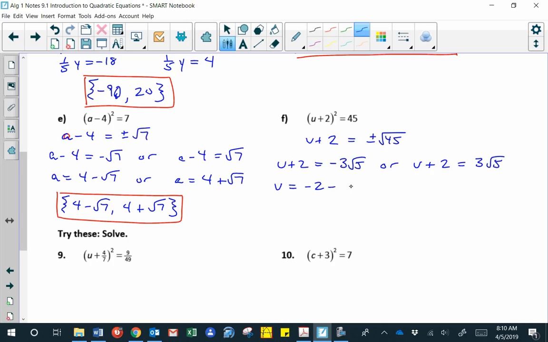Subtracting 2 from both sides. So we get two solutions, negative 2 minus 3 root 5 and negative 2 plus 3 root 5.